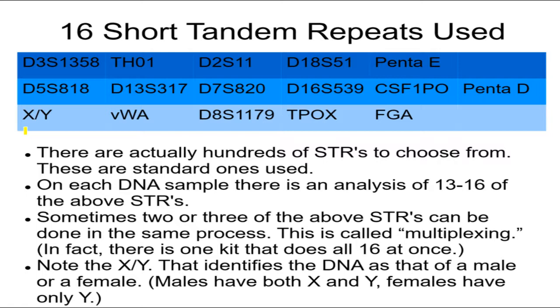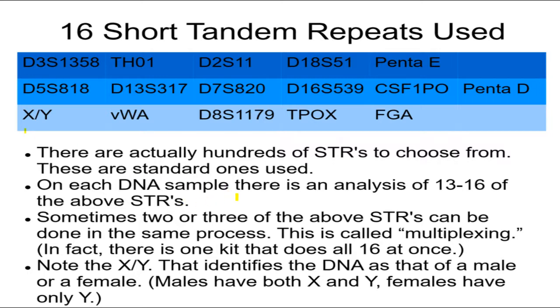So this will test for the short tandem repeats found on the X and on the Y. If it's a male, you're going to see 2 signals, one from the X, one from the Y. A female will only show 1 signal from both X's. So you can identify whether the one who left the DNA was a male or female just by seeing this. And we'll take a look at this a little bit more soon.